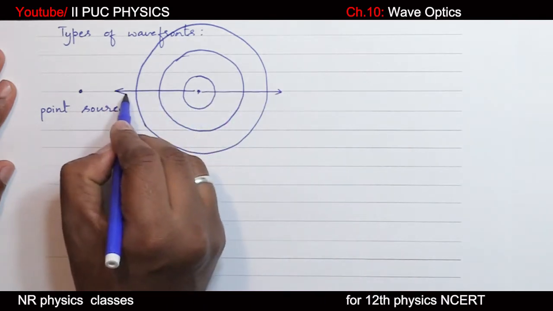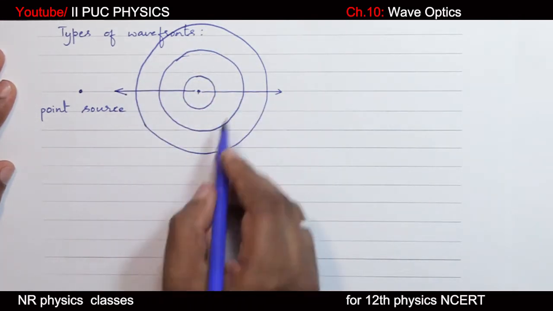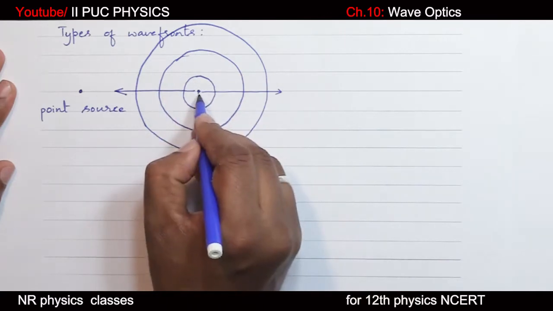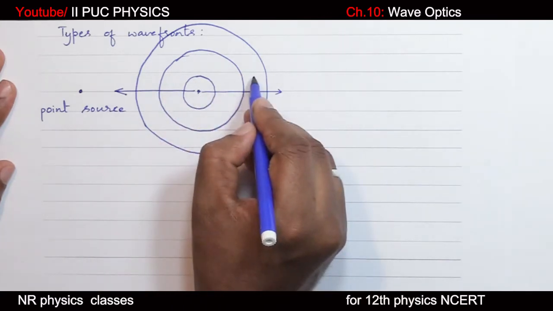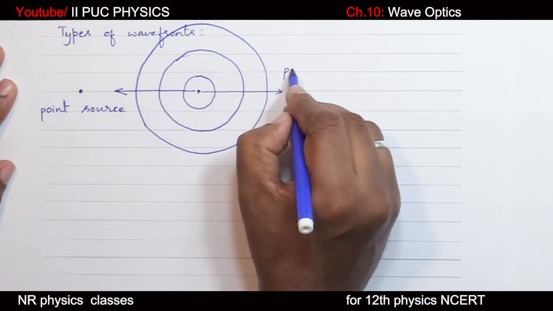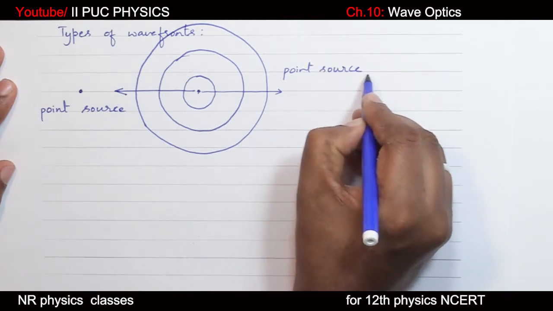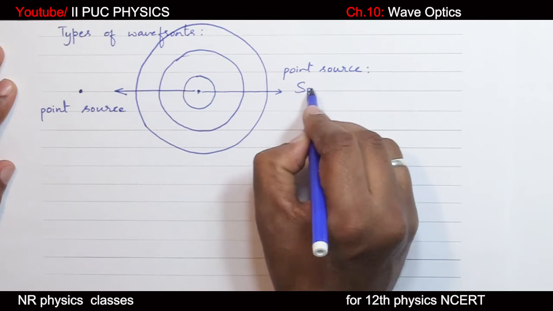Equally in all directions means that it forms a sphere. So what is the nature of the wavefront due to a point source? It is spherical. So due to a point source, spherical wavefronts.